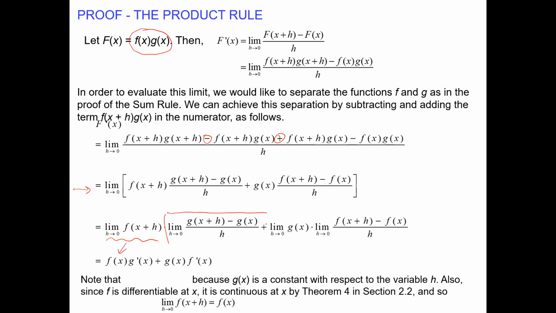That other limit, you can probably realize, is just the derivative of the function, g prime of x. And then the function g of x in the limit is constant with respect to h because there is no h, so I can copy it; the limit of a constant is a constant. And the other factor is a limit which represents f prime.